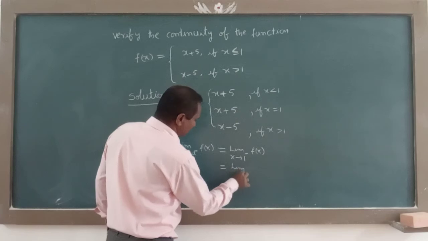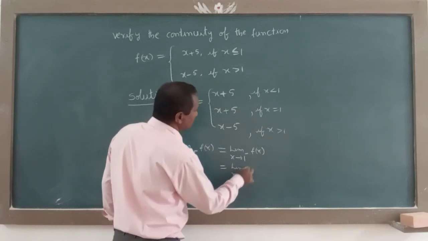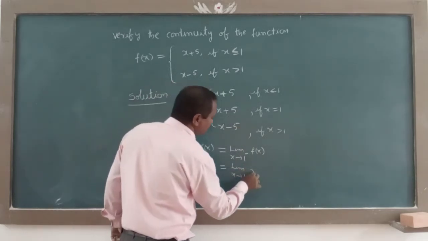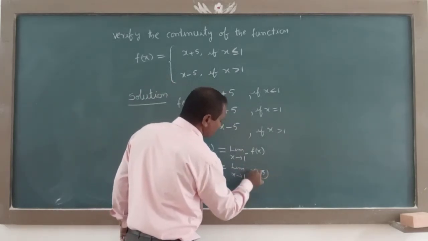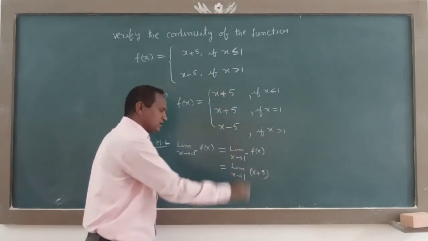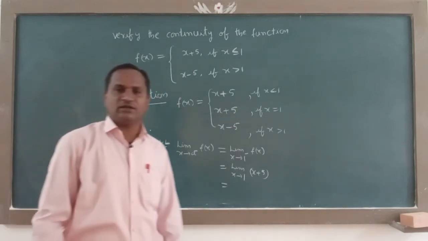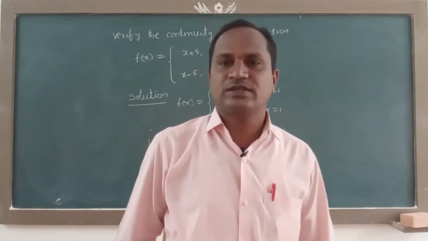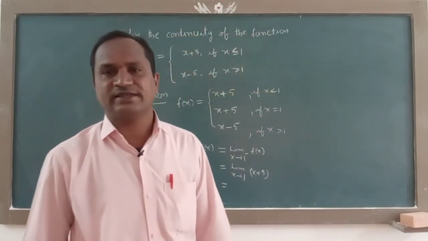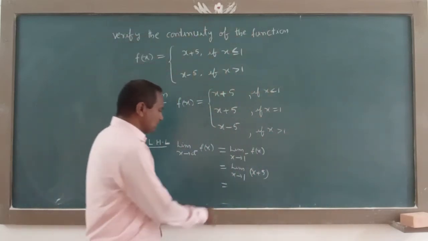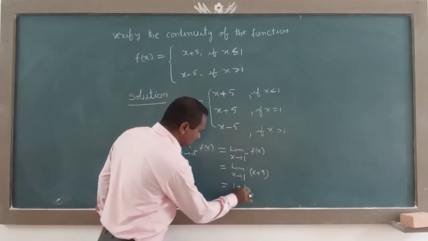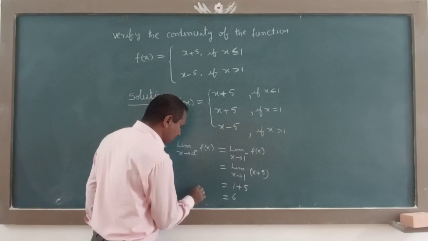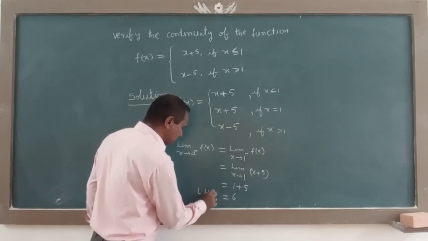Corresponding to the less than symbol, which function is there? x plus 5. Now remove the limit symbol. When removing the limit symbol, whichever value x tends to, we must substitute that value in place of x. That is 1 plus 5 is equal to 6. So the LHL value is 6.